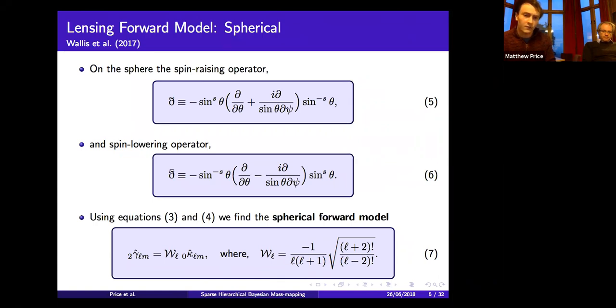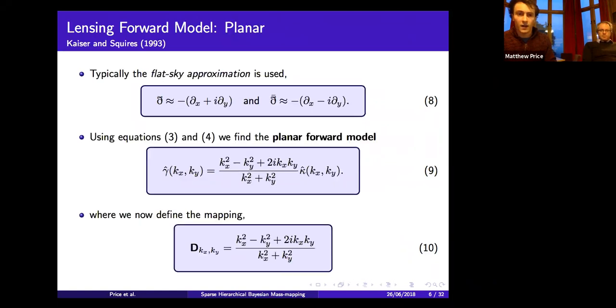Now, typically people are interested more in small patches of the sky. So to avoid working with computationally taxing spherical harmonic transforms, it's well approximated by Fourier transforms. So on the flat plane, the spin raising and lowering operators are given more simply by equation 8.